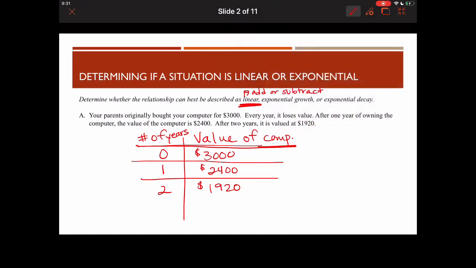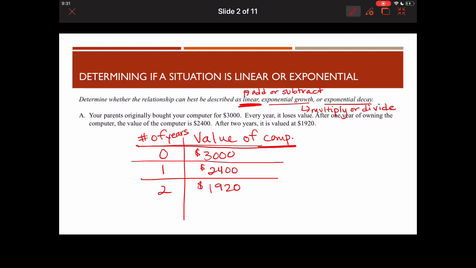So instead, we're going to check to see if it's exponential. And if a function is exponential growth or decay, we're either going to multiply or divide by the same number, a constant, every time.